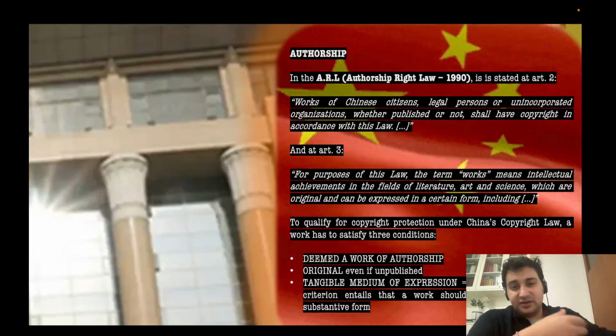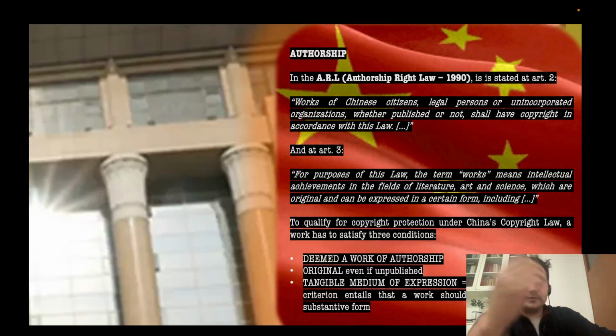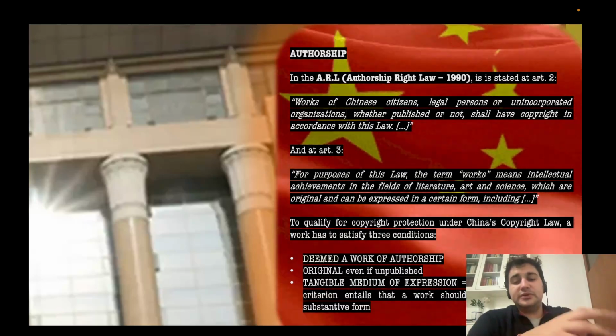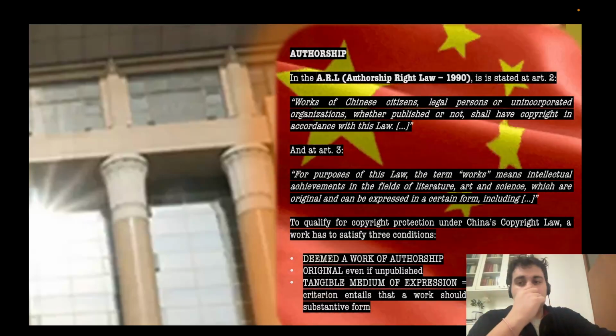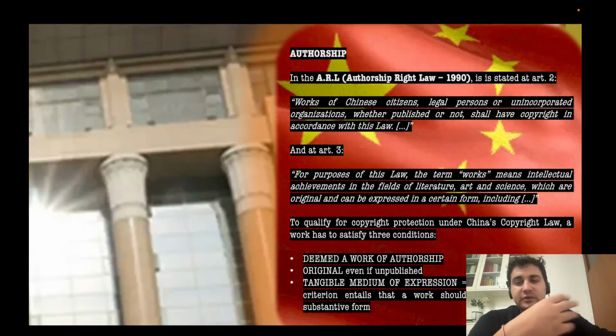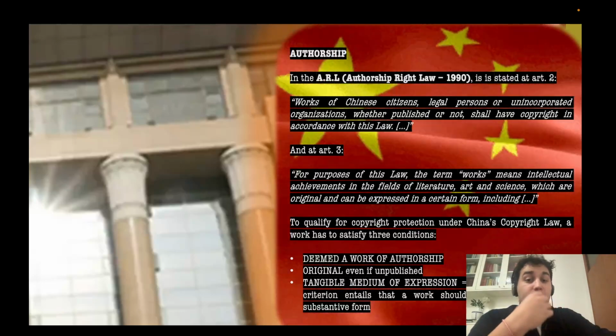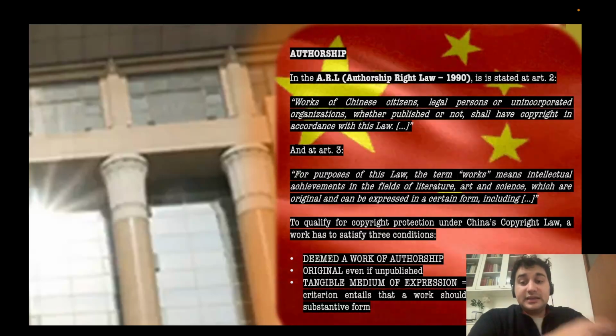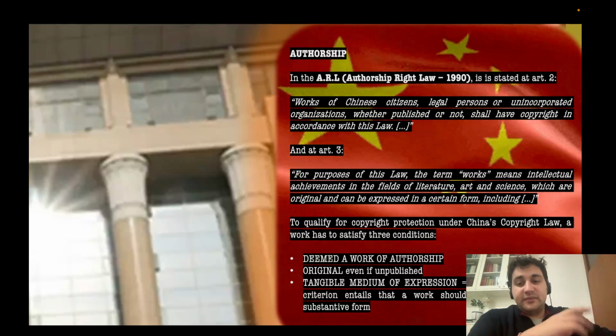And Article 3 says that for the purpose of this law, the term works means intellectual achievements in the fields of literature, art and science, which are original and can be expressed in a certain form.